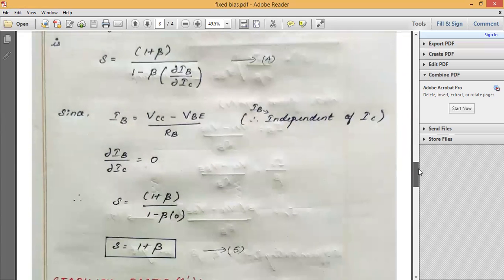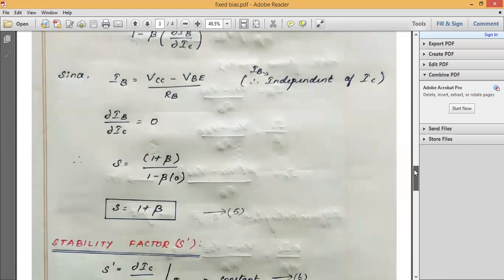So here IB is completely independent of IC. If we differentiate IB with respect to IC, we will get 0. So if you substitute dou IB by dou IC is equal to 0, the remaining equation is S is equal to 1 plus beta divided by 1 minus beta into 0, that is 1 plus beta. So we have obtained the stability factor S.